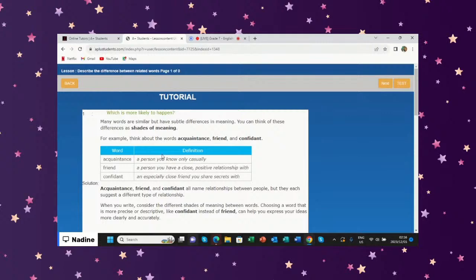Or if you have a job, they'll say, nope, this is not my friend, this is just my colleague. So basically, an acquaintance is a person that you know only casually. It's not someone that you're extremely close with. It's not a friend, but in this case, you have some form of relationship with this person, and this is on a casual basis.